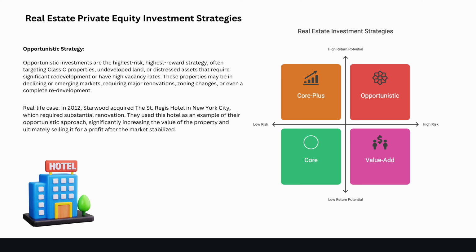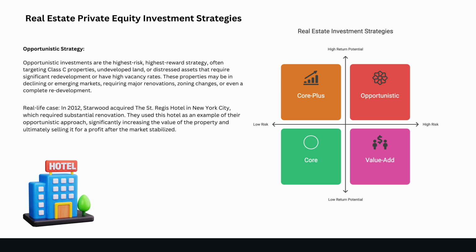The third strategy is the opportunistic strategy. Basically, opportunistic investment is the highest risk, highest reward strategy, often targeting classic properties, underdeveloped land, or distressed assets that require significant redevelopment or have high vacancy rates. These properties may be in declining or emerging markets, requiring major renovation, zoning changes, or even a complete redevelopment.